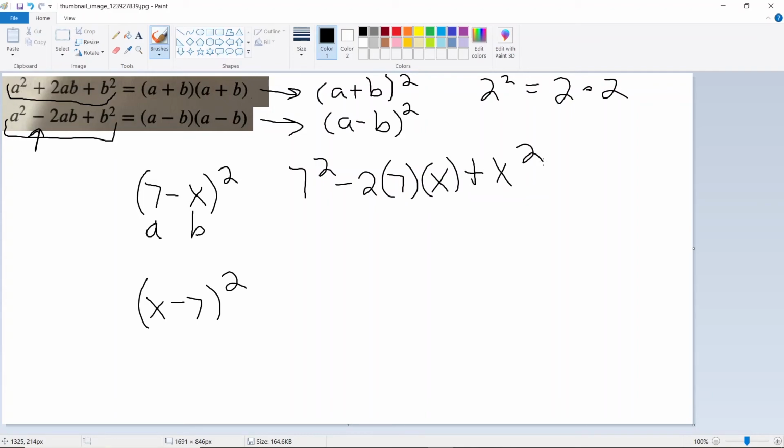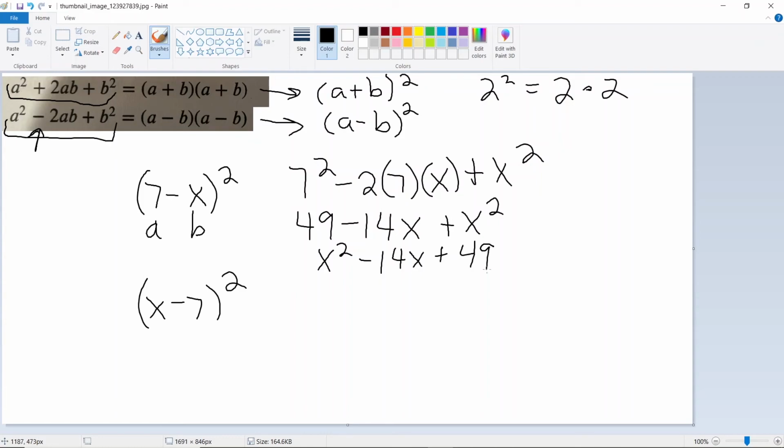I guess I misspoke. So this is going to be 49 minus 14x plus x squared, and it's going to come out the same. And again, we normally flip it, and that would be x squared minus 14x plus 49, so that we get it in order of the powers.